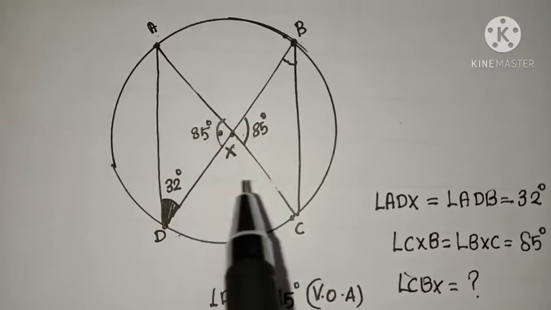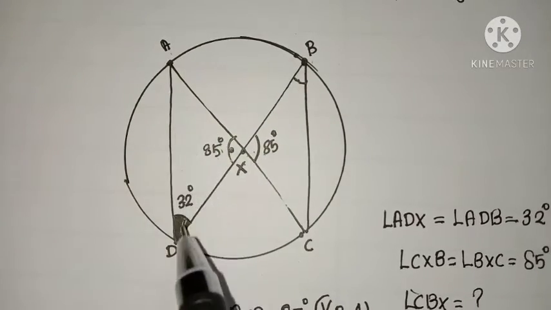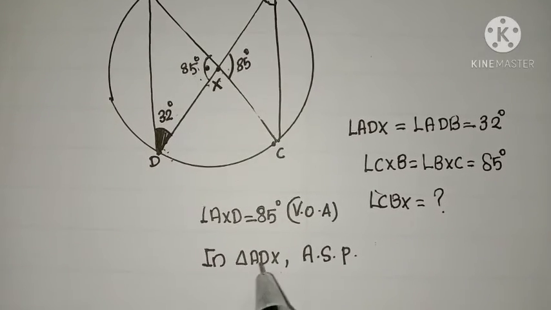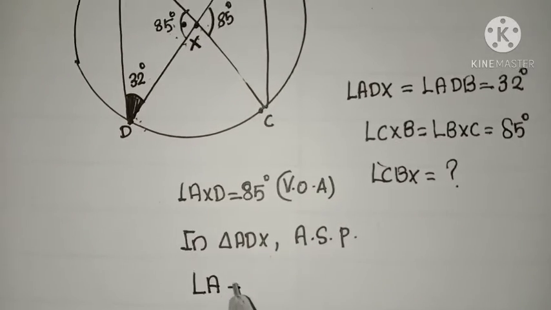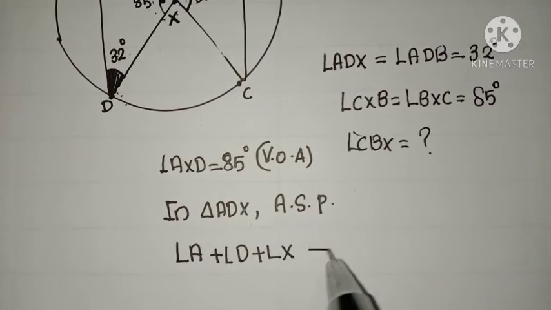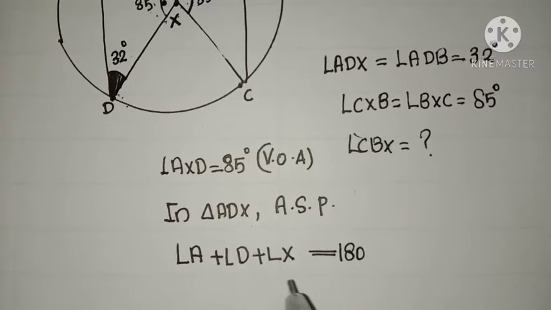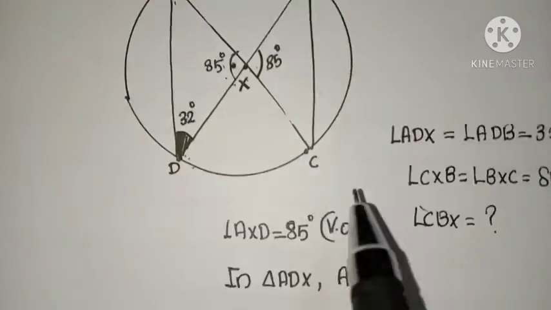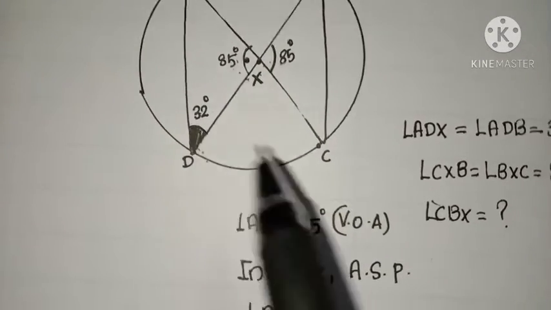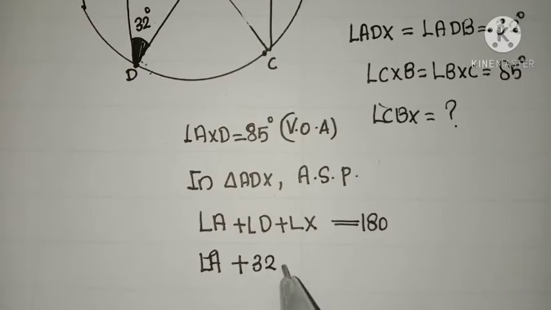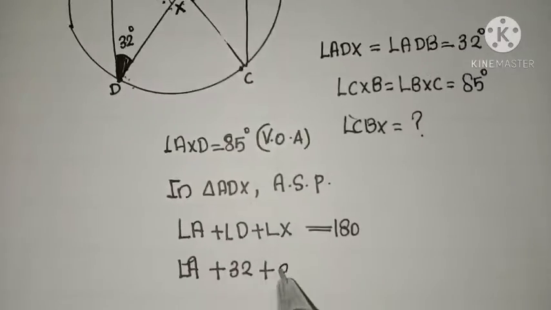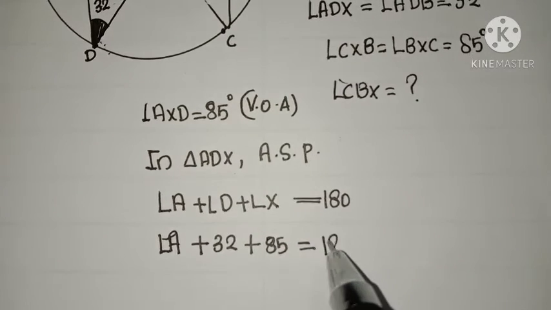So what is the angle sum property? Sum of these three angles is equal to 180. So in triangle ADX, angle A plus angle D plus angle X, sum of these three angles equal to 180. Here angle A we don't know. So angle A plus, what is angle D? Angle D is 32 degrees plus angle X is 85 degrees is equal to 180.